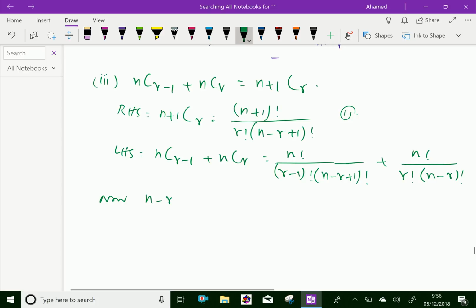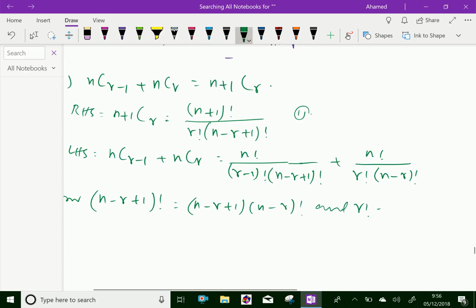Now n minus r plus 1 factorial is equal to n minus r plus 1 into n minus r factorial, and you can say r factorial is r into r minus 1 factorial.